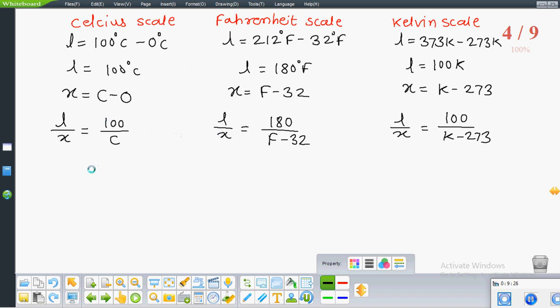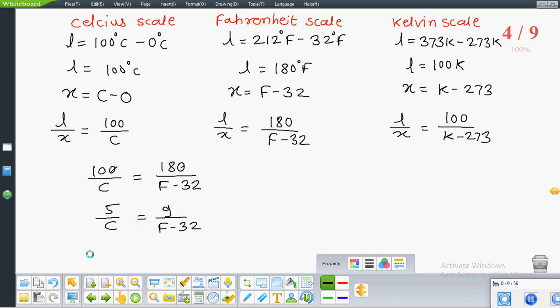So just equate 100 divided by C equals the Fahrenheit scale ratio L by X, 180 divided by F minus 32. Now this 0 gets cancelled, the remaining is 18, and the final ratio will be 5 by C equal to 9 by F minus 32.